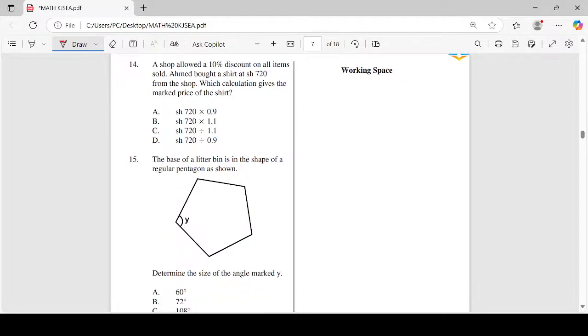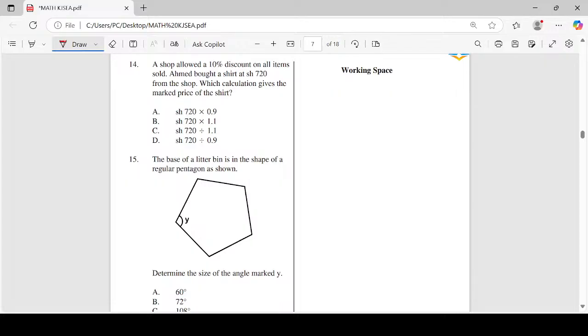Question number 14. A shop allowed a 10% discount on all items sold. Ahmed bought a shirt at 720 shillings from the shop. Which calculation gives the marked price?